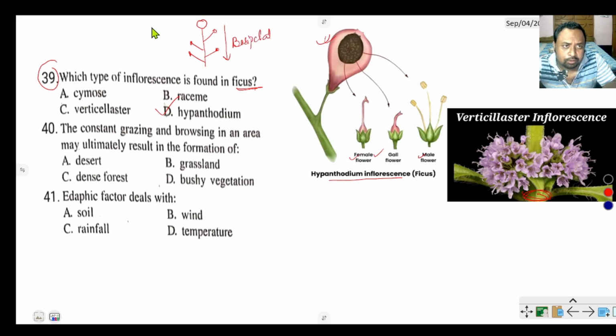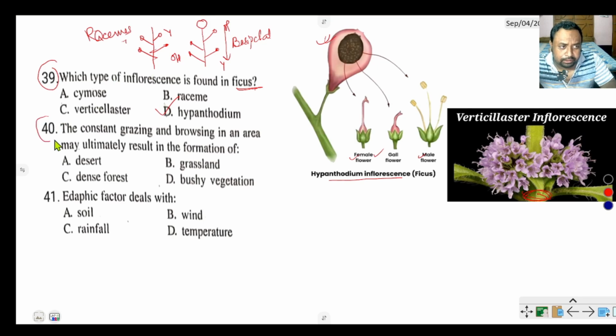A raceme means the flower is absent at the tip portion, with young flowers at the top and old flowers at the base. In cymose, old flower is at the top and young flower at the base. Here that is basipetal development. This is acropetal development, found in racemes, and this is found in cymose.